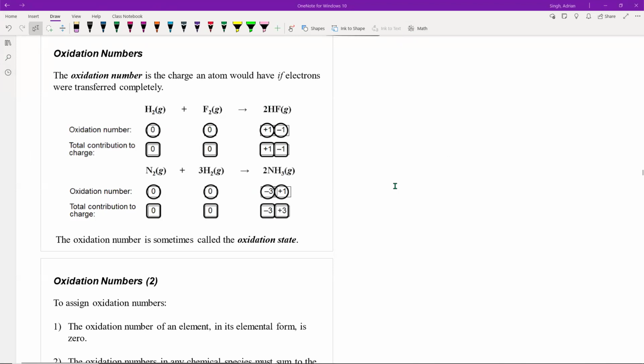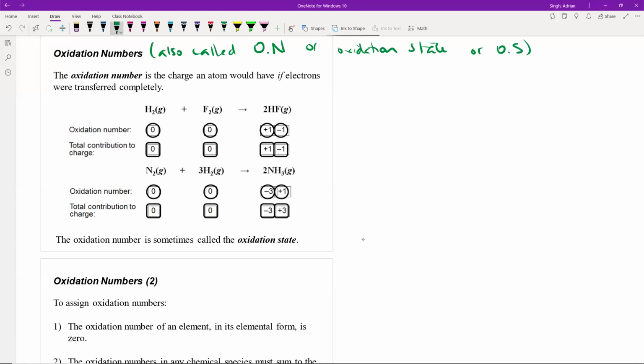So when we look at oxidation numbers, oxidation number is also called ON, or sometimes it's called oxidation state, or OS.